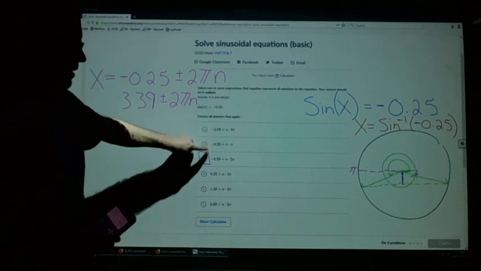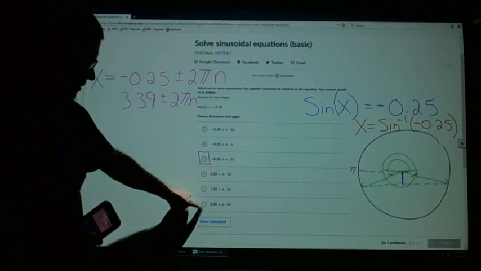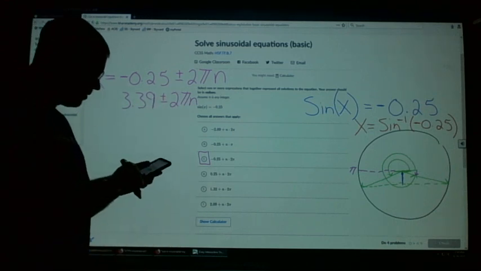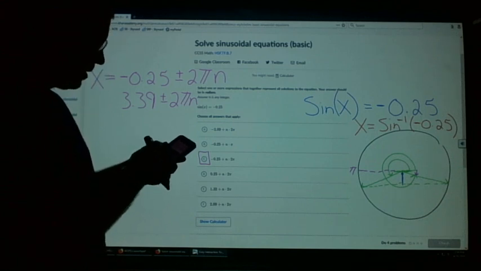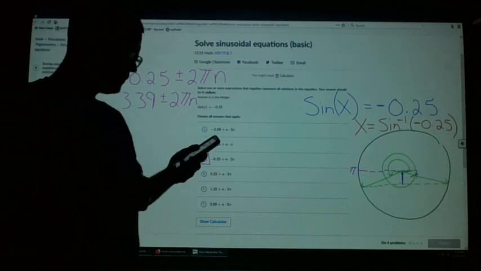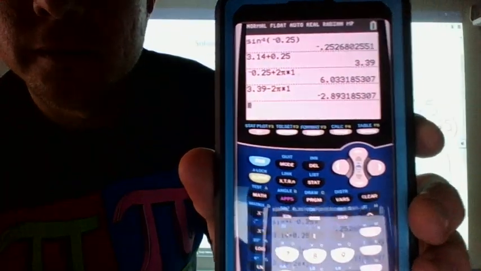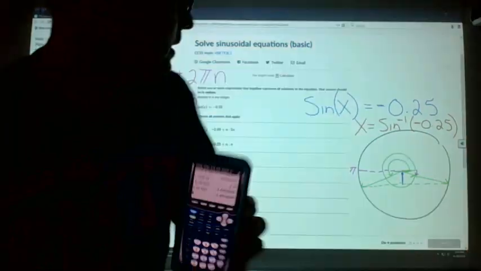3.39 is bigger than any of these other answers. So the plus isn't going to work, let's try subtracting. Let's do 3.39 minus 2 pi times 1. I know it's not ideal, but you get negative 2.89.